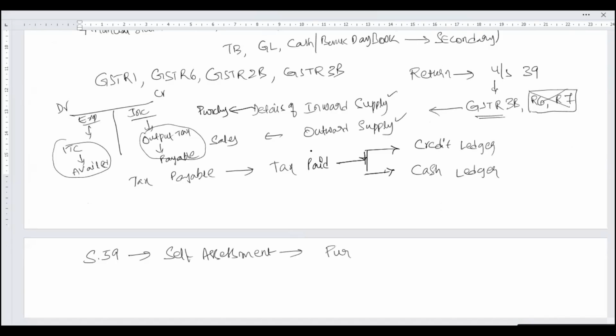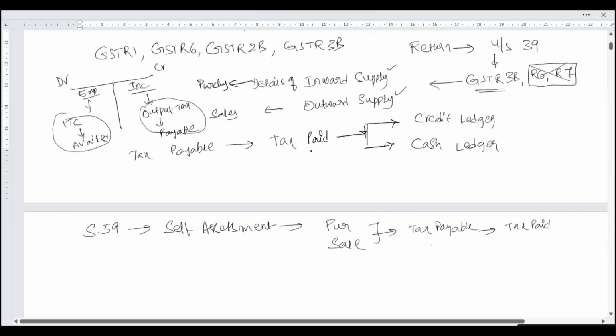I determine what is my sale. On the basis of this, what is the tax payable and tax paid. Now, when we talk about this tax payable, tax paid, somewhere we were talking about your inward supply, purchases.